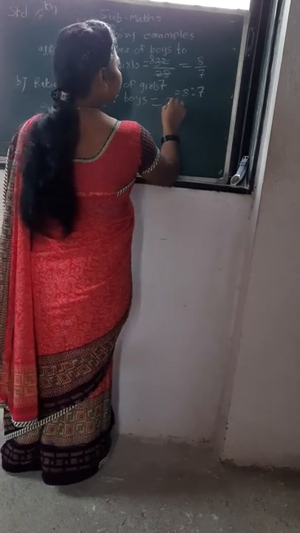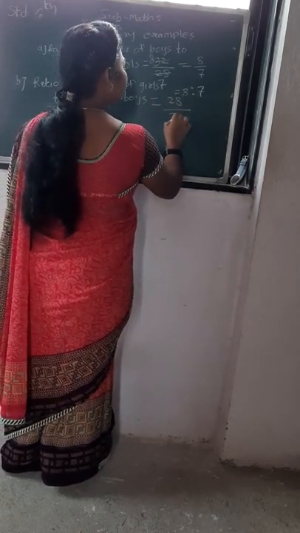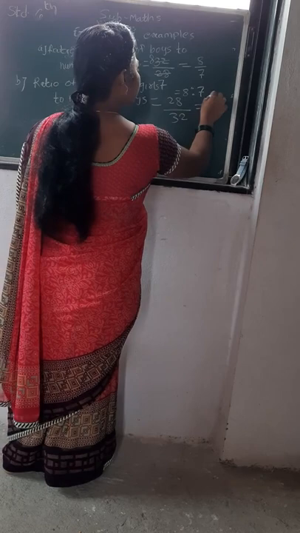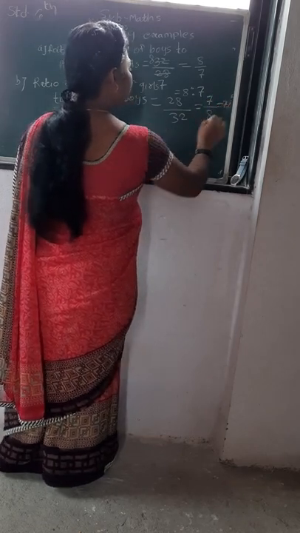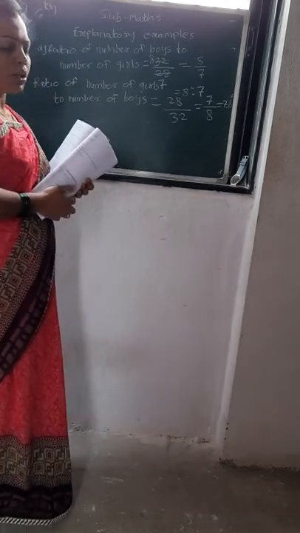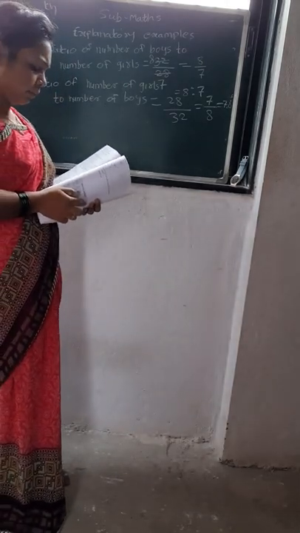Number of girls is 28 and number of boys is 32. Then 7 upon 8 or 7 to 8.